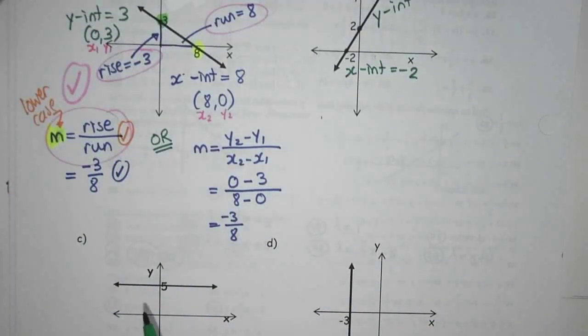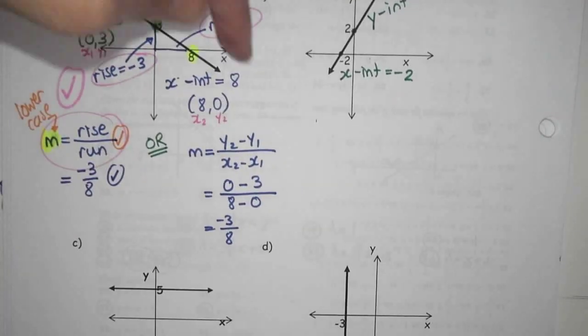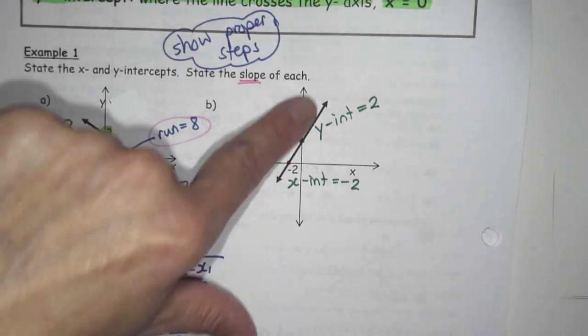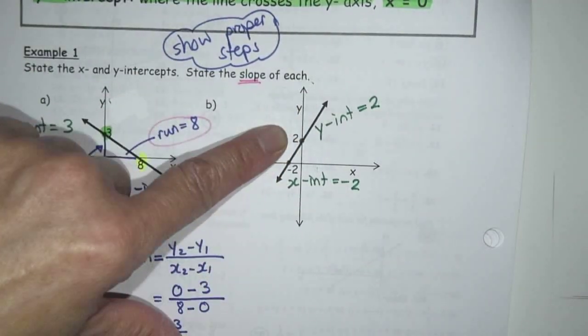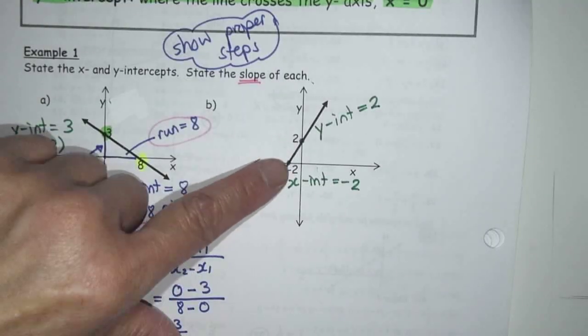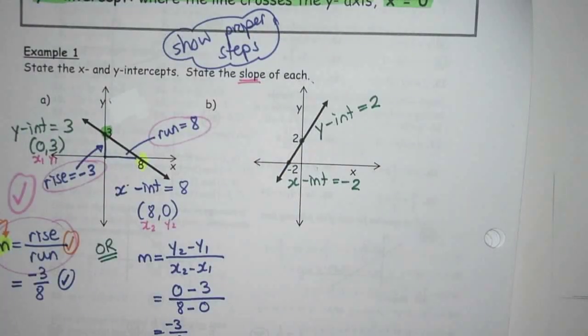And again, you can use it as a coordinate. So up to you. We know that this is a negative slope because it heads to the right down. You can see that's why I got a negative. For this one here, we know it's a positive slope, which is why it's heading up. So if you want to do the rise and the run, you have to make sure you're counting from one square right to up to, or you can use the coordinates.